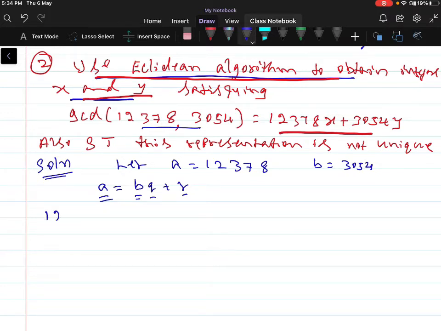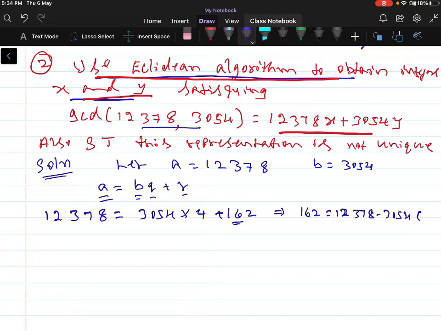So 12378 can be written as 3054 into 4 plus 162, where 162 is the remainder. So 162 can be written as 12378 minus 3054 into 4. We take it as equation number 1.